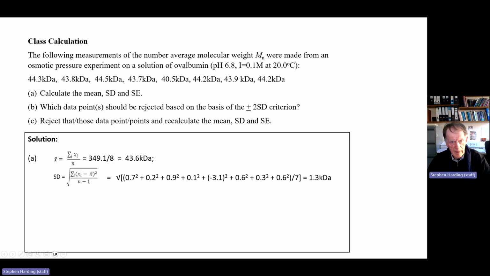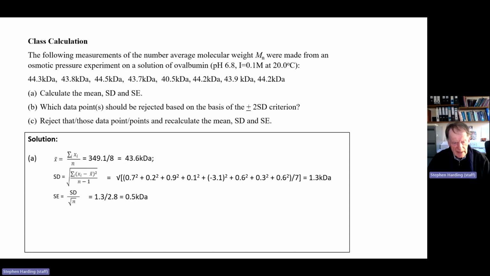And this one gives minus 3.1 squared. Of course, the minus squared becomes a positive. And then 0.6 squared plus 0.3 squared plus 0.6 squared, divided by 7. And then we take the square root of all that. And if we do that, we end up with a value of 1.3 kilodaltons.